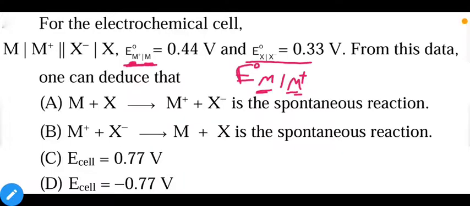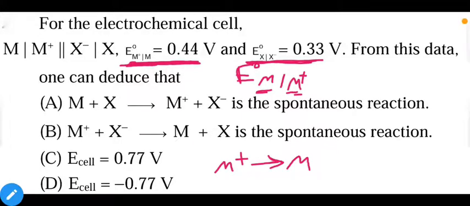The higher reduction potential always follows the cathodic reaction, that means it will be reduced. So we can predict that M, with the higher value, will always reduce, that means M plus to M by gaining an electron. And the lower reduction potential will always oxidize.